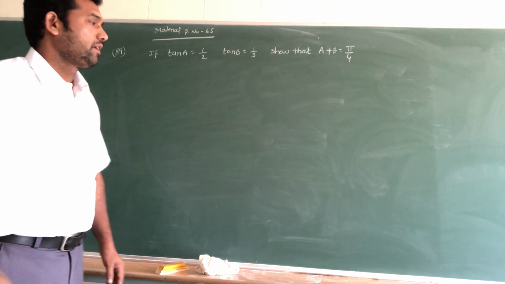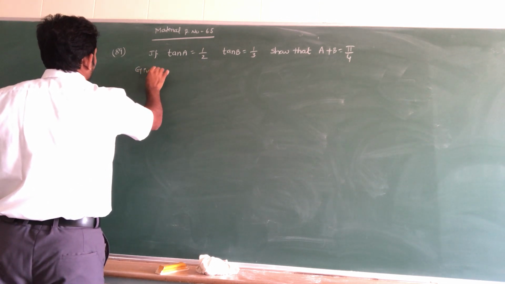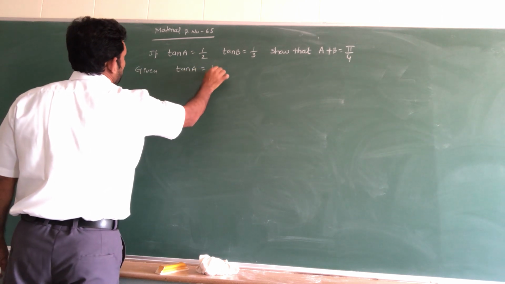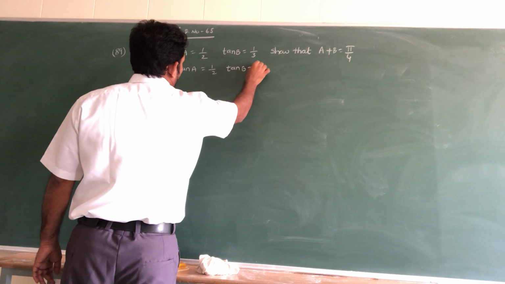Here, what is the given data? Tan A value is given as 1 by 2, and tan B value is given as 1 by 3.